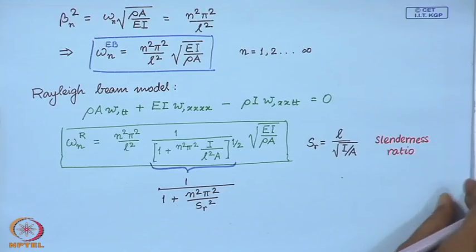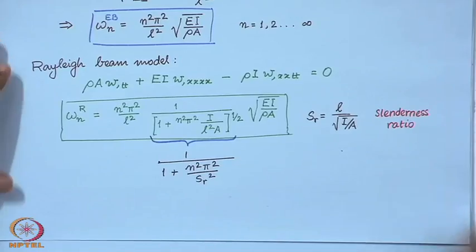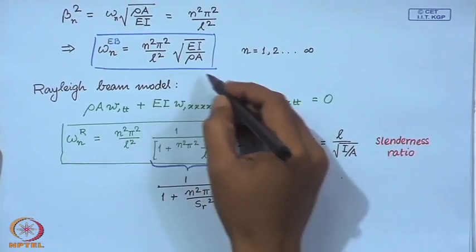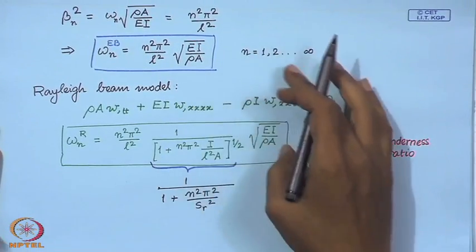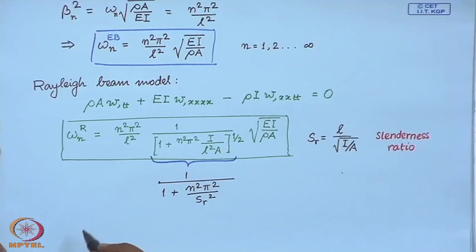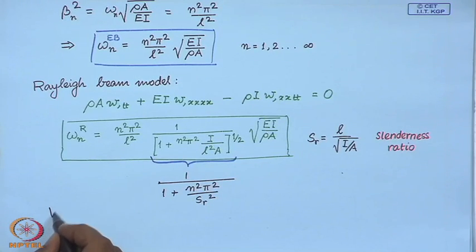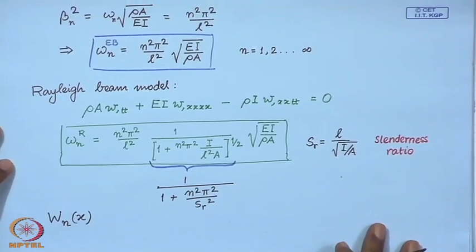So, the rotary inertia term is effective for higher modes. Now, to understand this, let us see what happens in the higher modes after we look at the eigen functions. If you do the analysis for the Euler Bernoulli or Rayleigh beams, then the eigen functions are obtained.